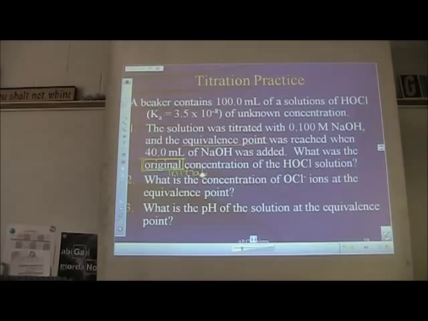Initial. If you're asked to solve for something initially, number 1 doesn't even need an ice table. They're not asking you for something at the end of the reaction. They're asking you something about the initial conditions. Now, you will have to do an ice table later, but you don't need it for number 1.